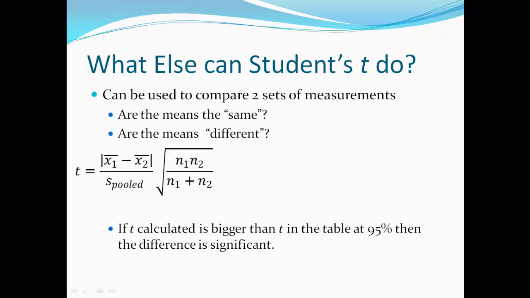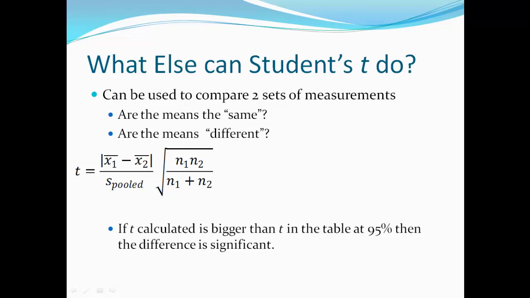Let's move on. What else can the student's t-test do? Well, it can be used to compare two sets of measurements. In other words, it could answer whether or not the averages from two different sets of sample data are the same or if they're different. And that is the equation that you would use if you wanted to answer something like that. It says T is equal to the average of the first set minus the average of the second set, absolute value.